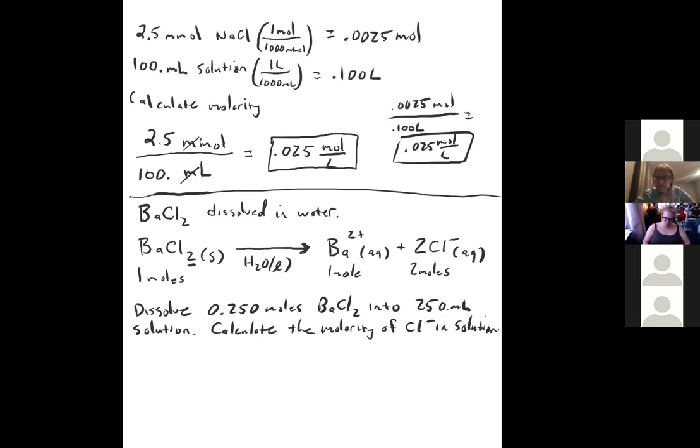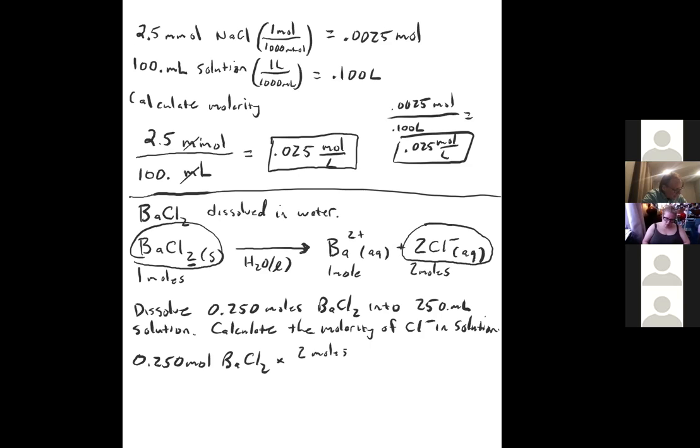So that fact that it forms 2 chlorides has an effect, because if we have 0.250 moles of barium chloride, the equation tells us that we've got 2 moles of chloride for every 1 mole of barium chloride. So I'm going to multiply that by 2 to 1. So actually the amount of chloride is twice as much. Okay, it's not 0.25, it's actually 0.5. So be careful with that.